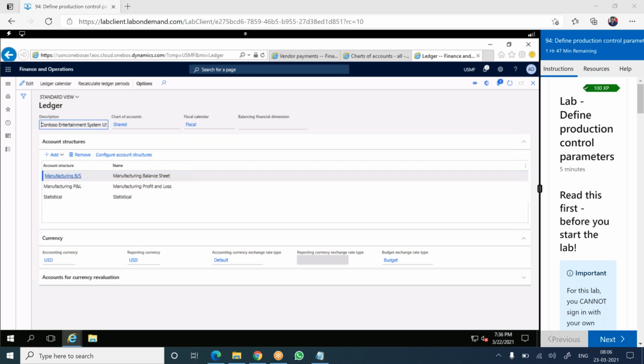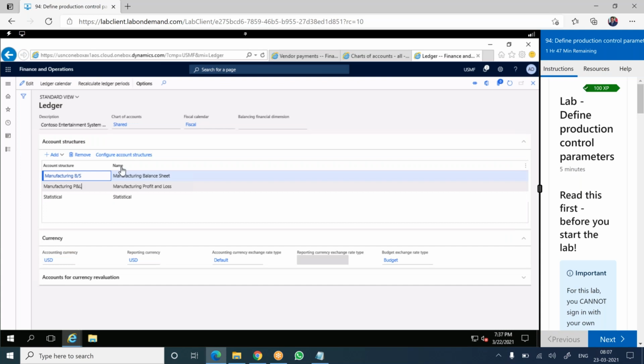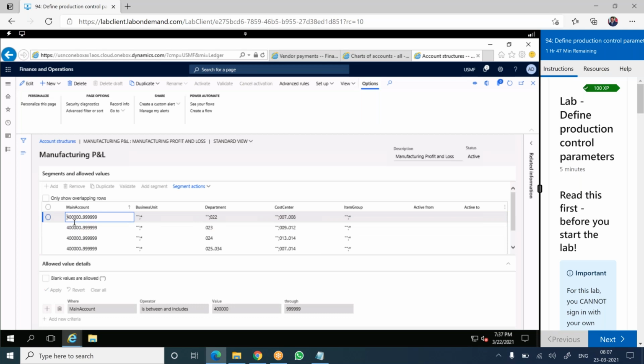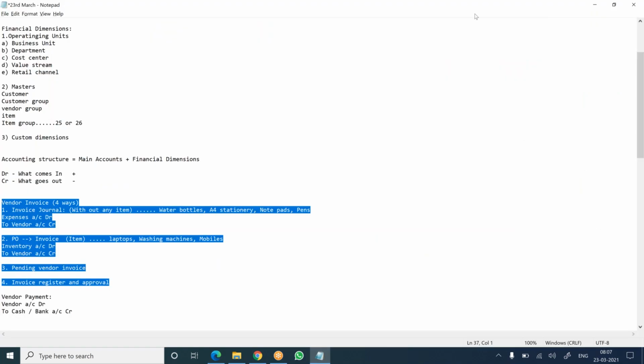Accounting structures you can map multiple, but it will not allow duplicates. For example, the series 1 up to 39999, and the next one starts with the 4 series. It will not allow the 3 series here. Duplicates are not allowed. I need to explain this more, because I introduced it only in the last 2 to 3 days, and you will learn it in depth in the coming days. Okay, fine. Anything else?